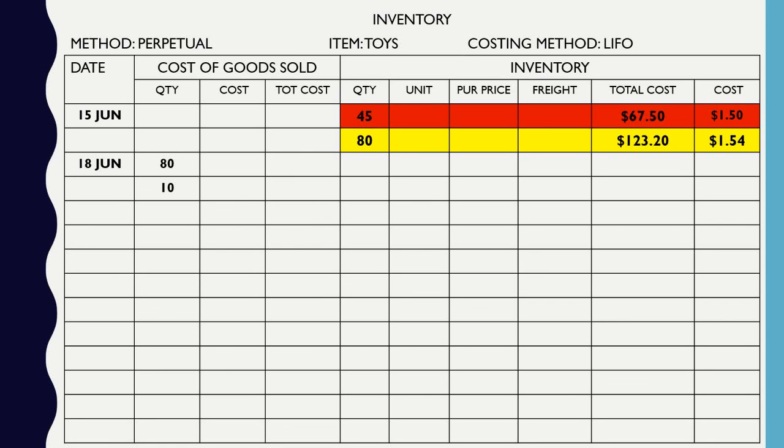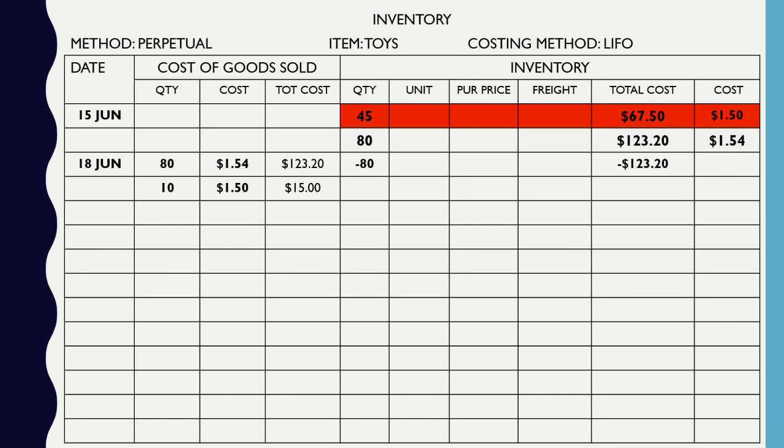It should be 123.20. So therefore, I'm going to eliminate that right away from my inventory worksheet, to bring my balance now to 0 for my yellow. It doesn't exist anymore. So now I need to take away 10 more from my red batch because it's the only batch I have left.